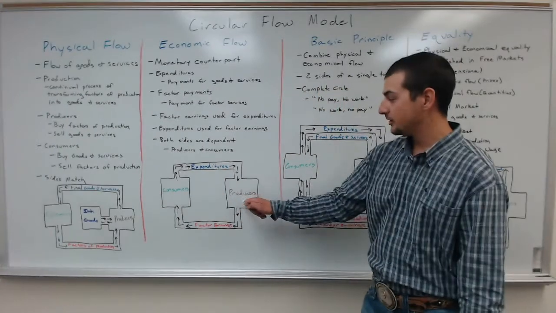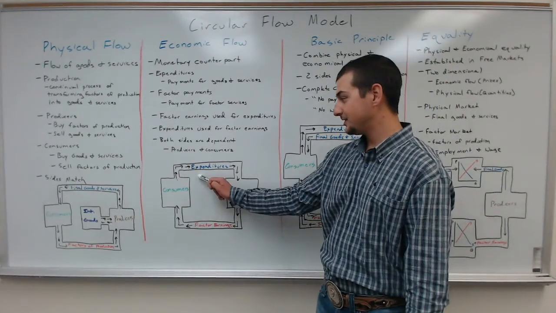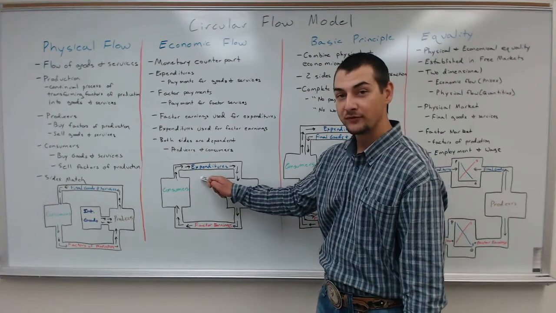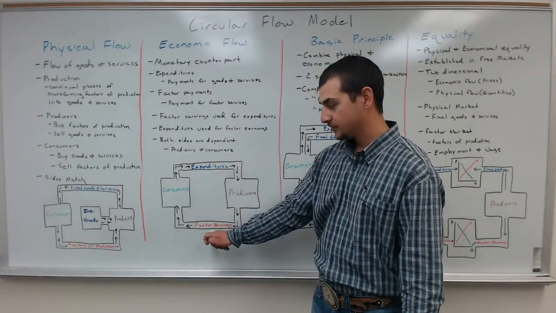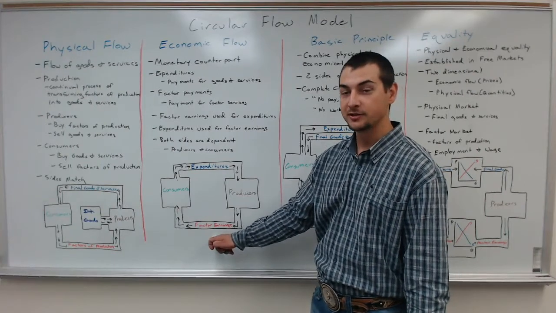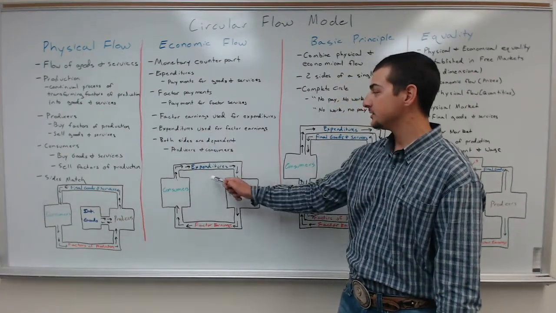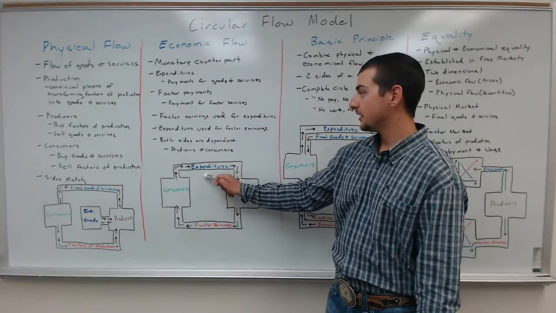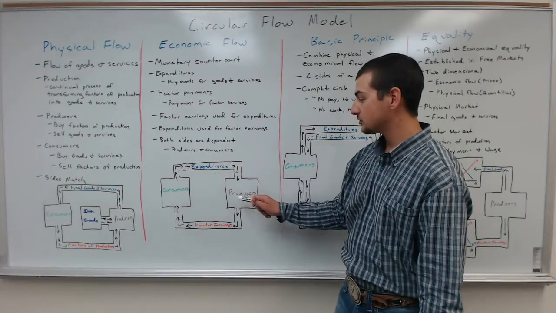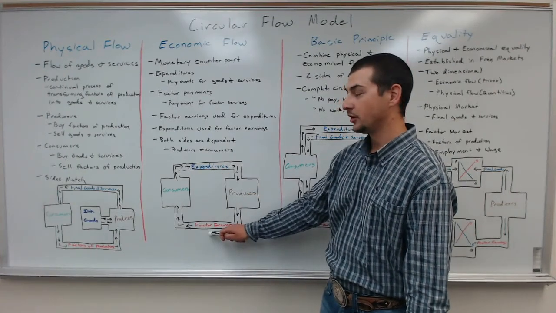But at the same token, these producers get paid these expenditures, but they turn around and use this revenue that they're getting to cover their costs, or the factors of production costs, these factor earnings. So we see factor earnings are used for expenditures, and expenditures paid to producers are used by producers for factor earnings.